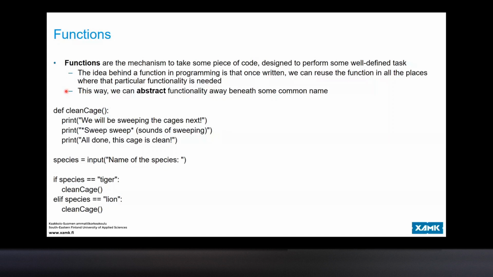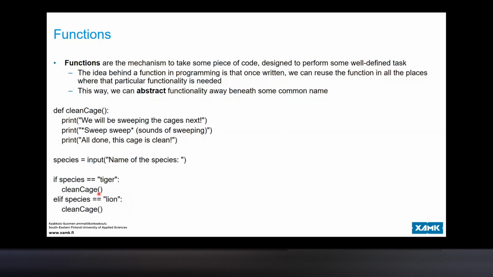Now, how this would work in practice, if we were to alter this program, we might take this cage cleaning, for instance, for tigers and lions. If you remember this line, the actual action was completely the same for both of these animals. So we might abstract away this cage cleaning into its own function.